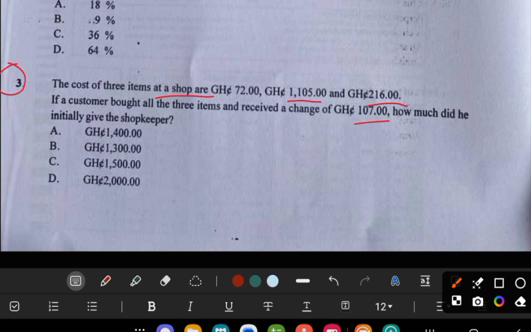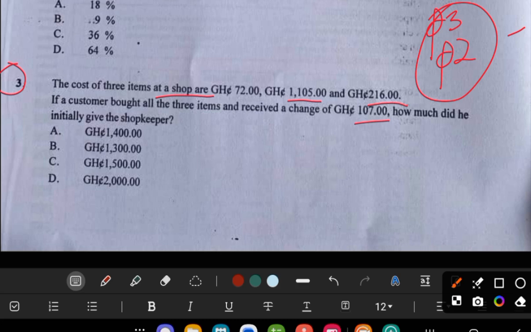think about it from your point of view or from your standpoint. When you go to a shop and then you buy 3 items, let's say you bought items worth 3 Ghana cedis, each item costing 1 cedi, then you are given a change of 2 cedis. How much did you take to the shop? I think this will make it very easier for you to know what is happening. So always when a question is given to you, try to relate it to yourself, assuming you were the one who went to the shop with an amount of money.